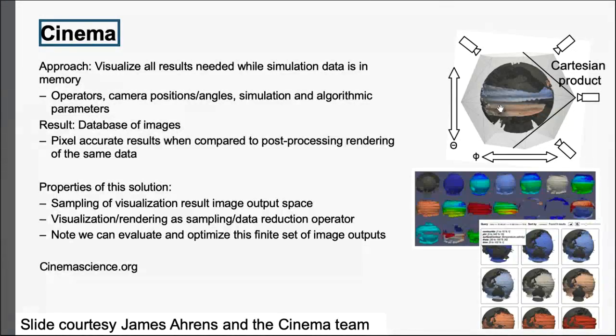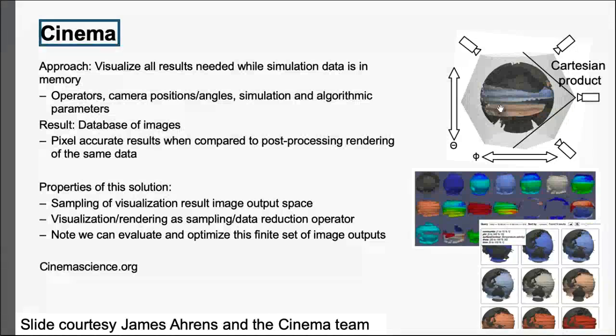In the paper, they show a significant reduction in the size of the data if we do something like this: create images in situ for every time step of different things that we would like to explore later, for example, different isosurface values, and from a variety of camera angles, like you see in the picture on the top right.